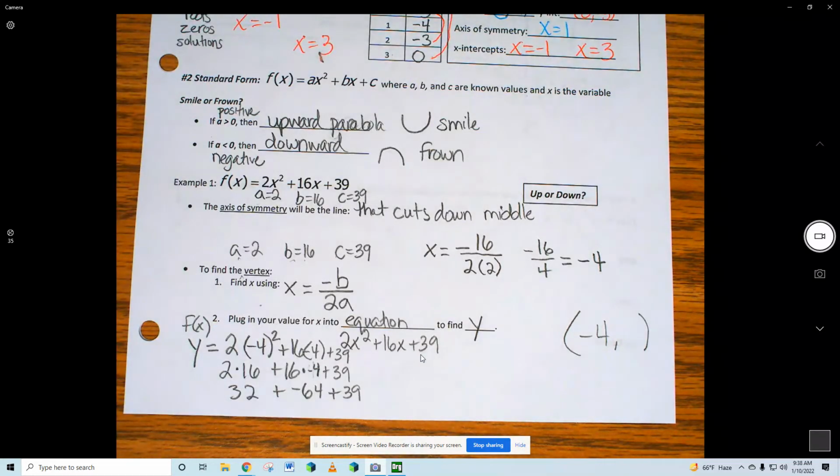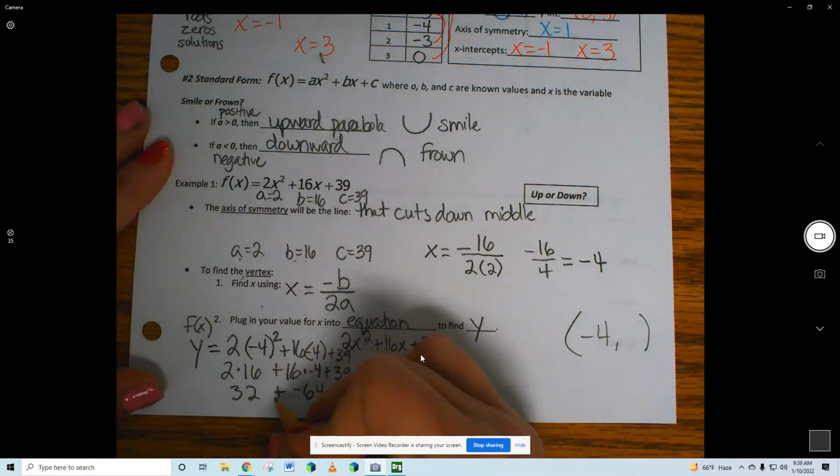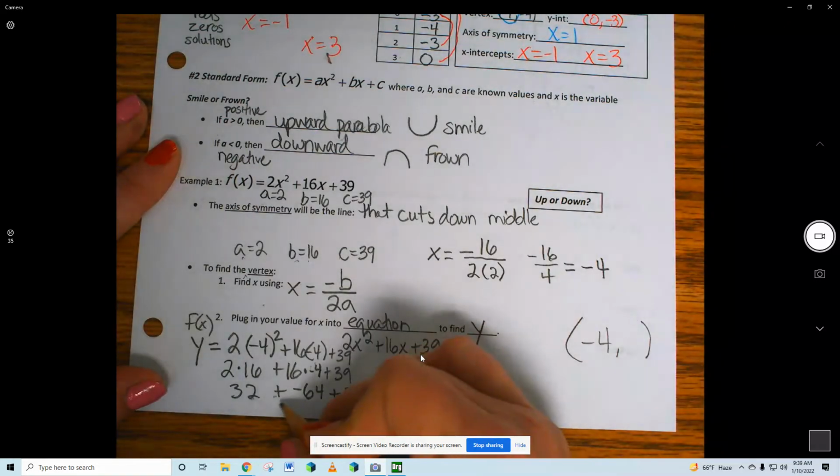And I just add them all together. 32 plus negative 64, what is it? Negative 32, good job.